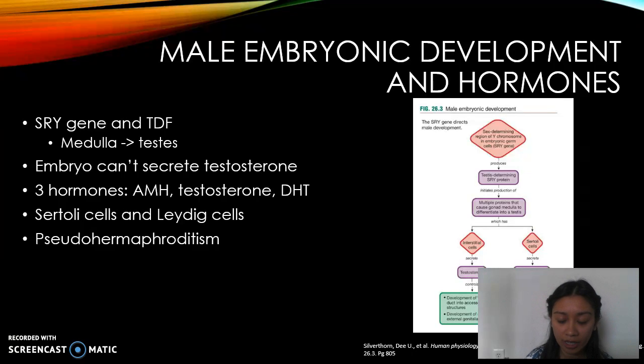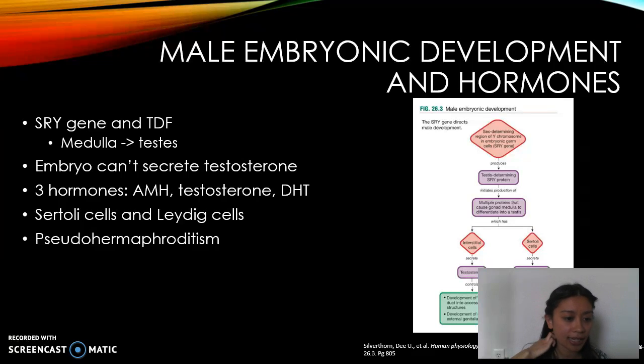Later in fetal development, the testosterone will cause the migration of the testes from the abdomen into the scrotum, and the remaining male sex characteristics, like the external genitalia, will be controlled by DHT.